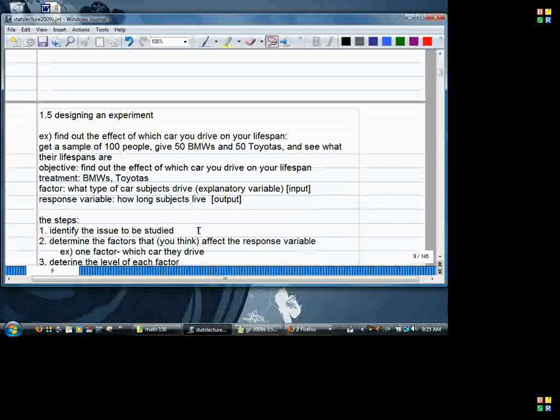If you look at the car example, you'd say, I wonder if which car someone drives affects how long they live. Then you have to say, which kind of cars am I going to have people drive? In this case, we made the choice to say some people get BMWs and some people get Toyotas. You could have made other choices. Those are the choices that we made.